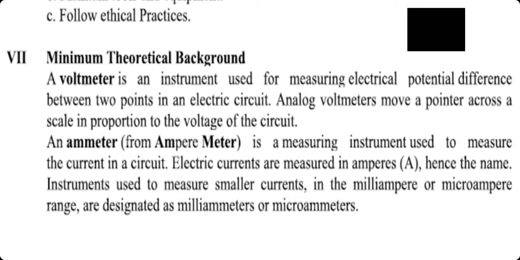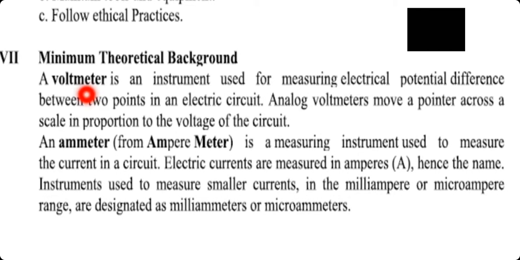Minimum theoretical background: a voltmeter is an instrument used for measuring electrical potential difference between 2 points in an electric circuit. Analog voltmeters move a pointer across a scale in proportion to the voltage of the circuit. An ammeter, from ampere meter, is a measuring instrument used to measure the current in a circuit.